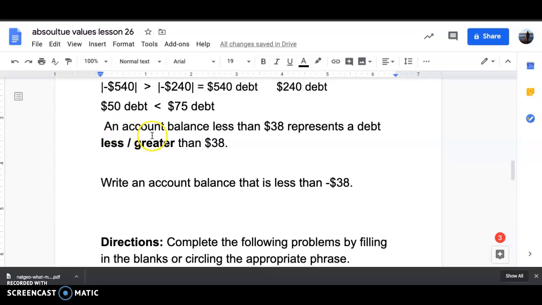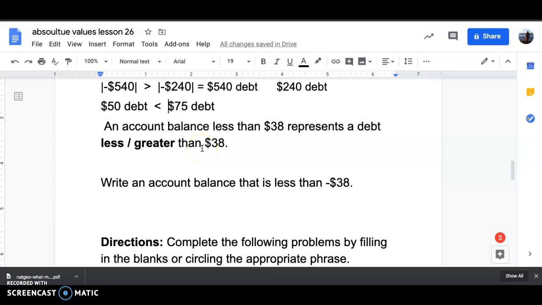So an account balance less than negative $38 represents a debt less than or greater than $38.